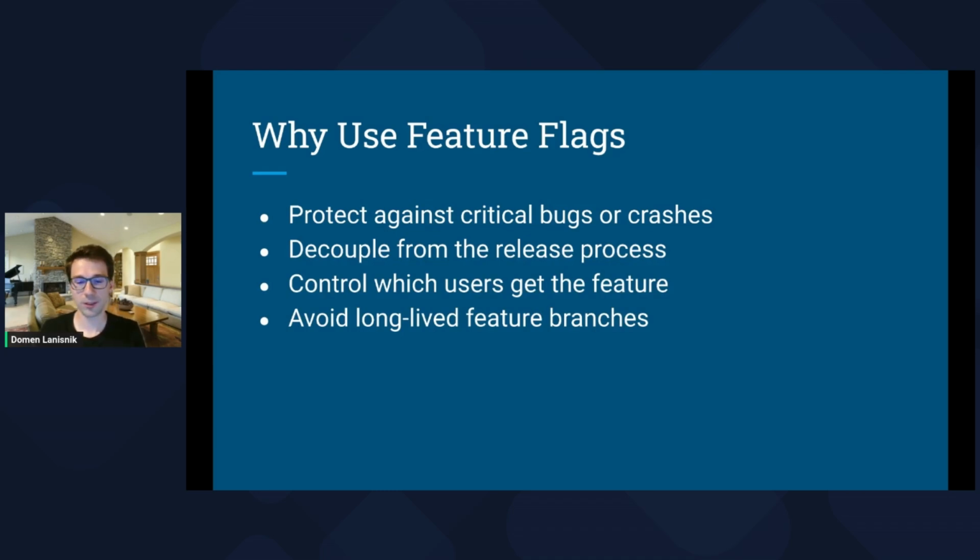And even though the feature might not work yet because it's still in development and it's not finished, you can still merge it into the main branch and it's not accessible to anyone since it's behind the feature flag. And this means that you can move faster because you don't have to deal with all the overhead.